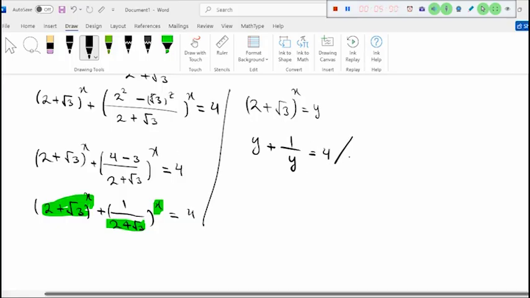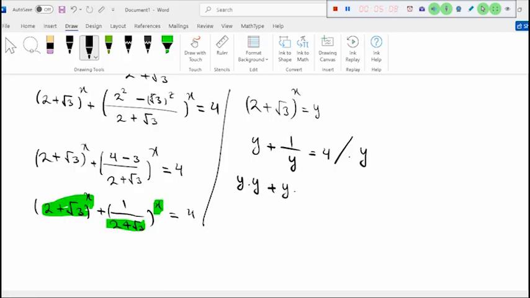Now we multiply by y, because y is in the denominator: y multiplied by y plus y multiplied by 1 over y equals 4y. Here y² plus, we simplify, remains 1, equals 4y.